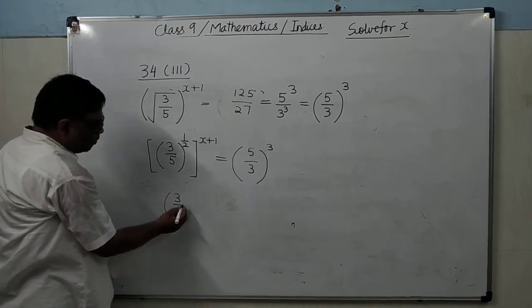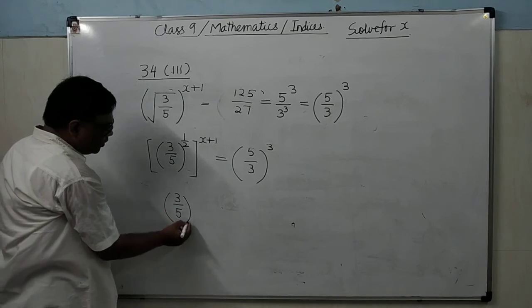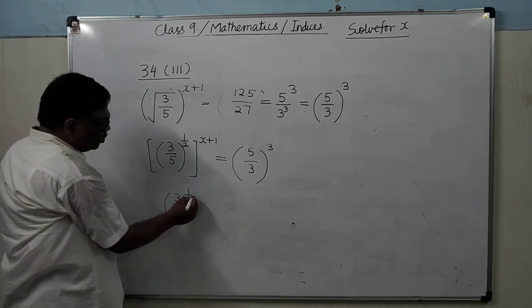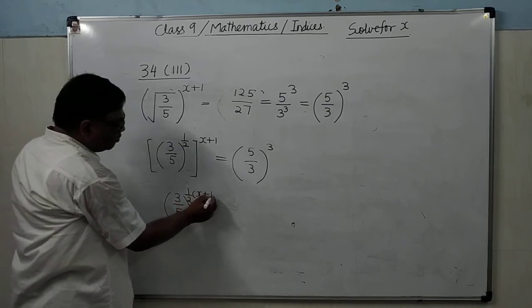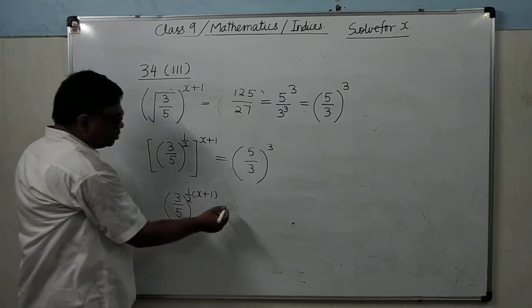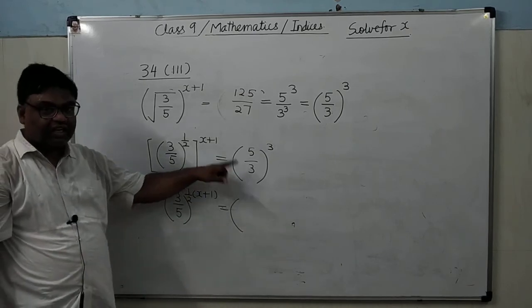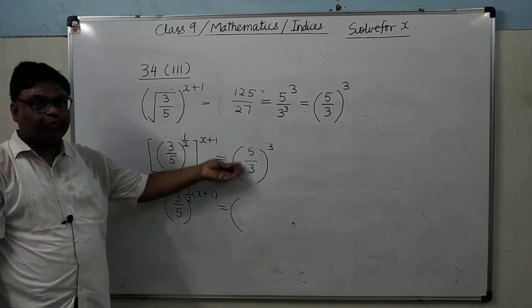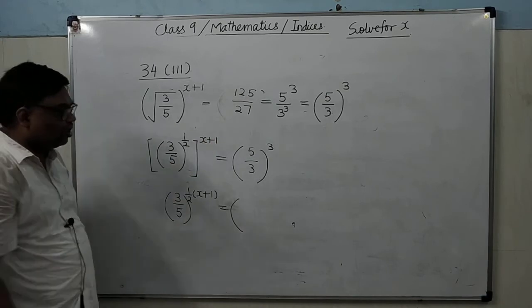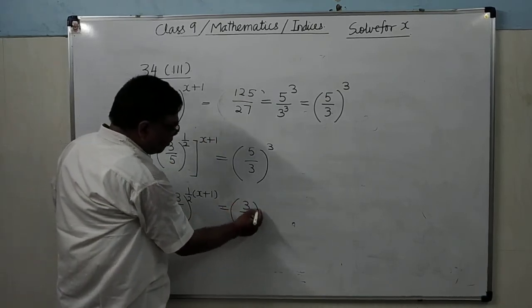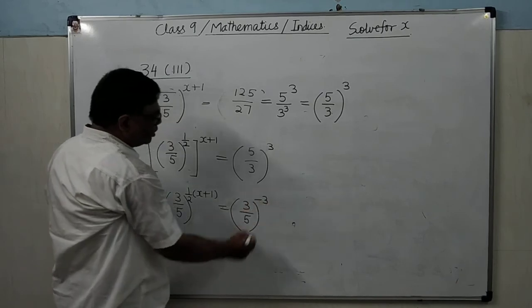So 3 upon 5, when powers multiply, it is 1 upon 2 into x plus 1 equals, here in order to make the base 3 upon 5, you reciprocate the base and change the sign of the power, minus 3.